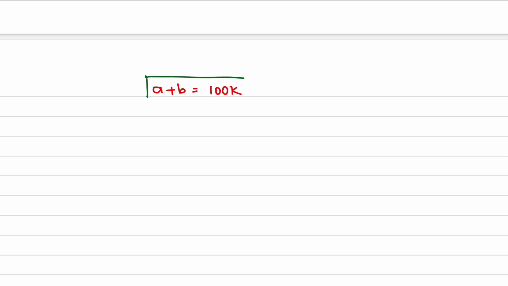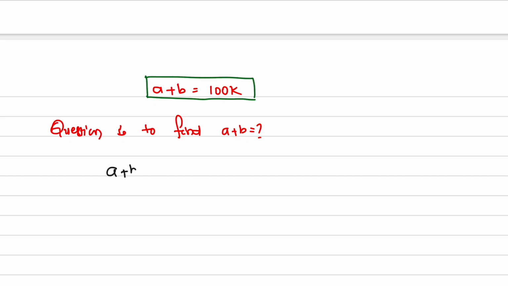This is another concept we have developed, or another equation obtained from the given conditions. Now, what are we required to find out? A plus B. That means we have to find out the C value, which is 100K. That means we have to find out the K value. The question is to find A plus B. A plus B is equal to 100K.